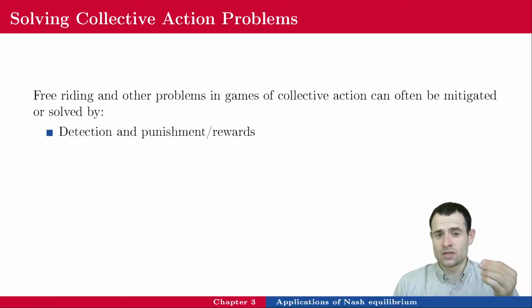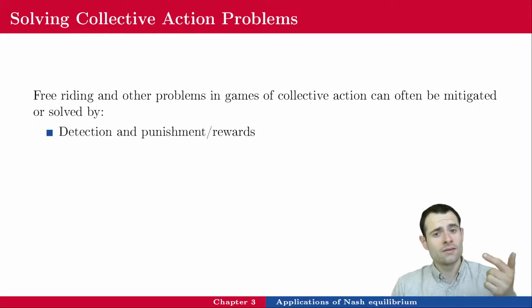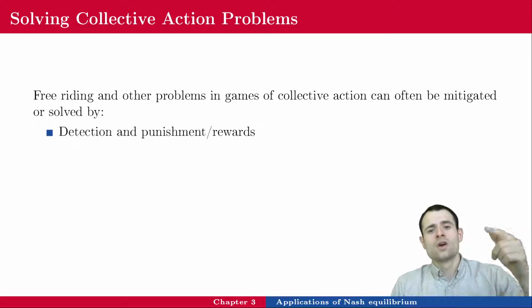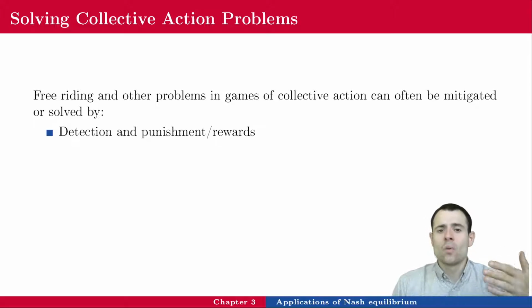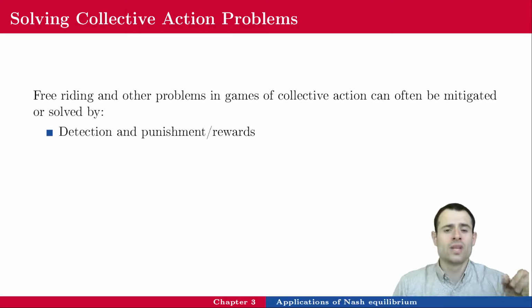So the easier it is to detect the free riders, and the easier it is to punish them. Or, on the other hand, to reward the ones who are contributing more. You could set a rule that says the more you contribute, maybe the more you can use a common resource.